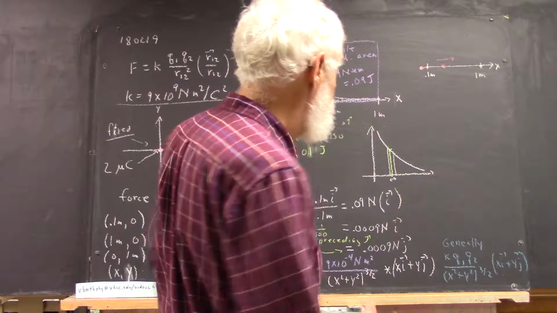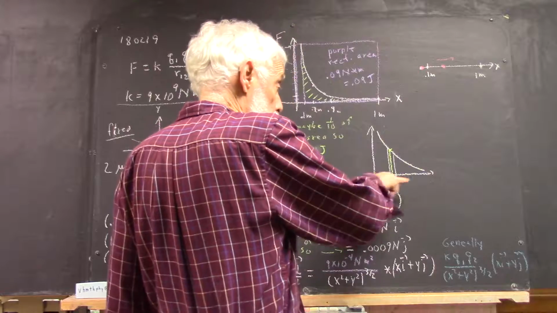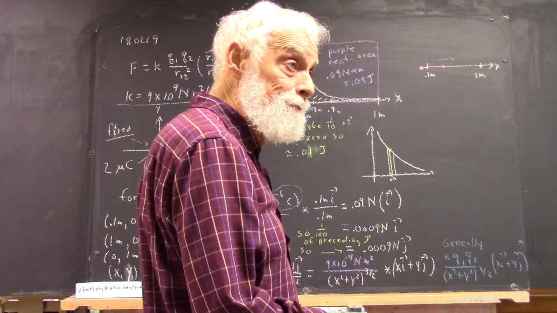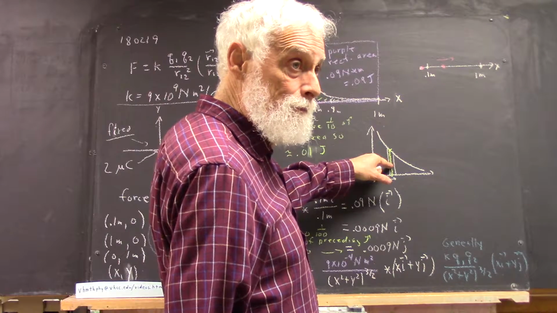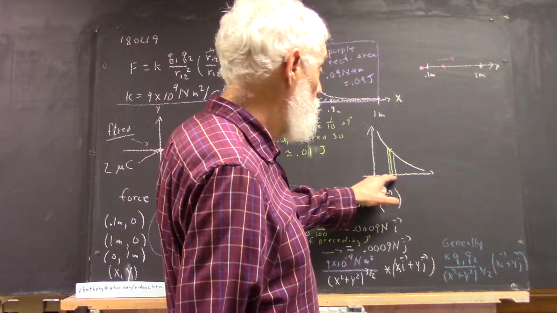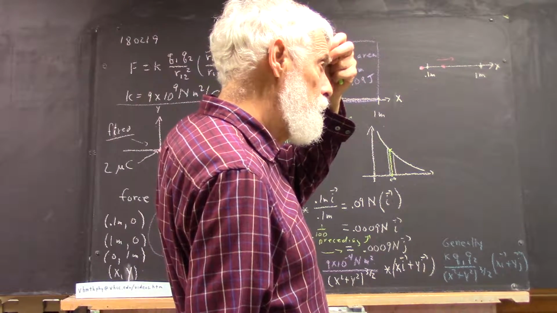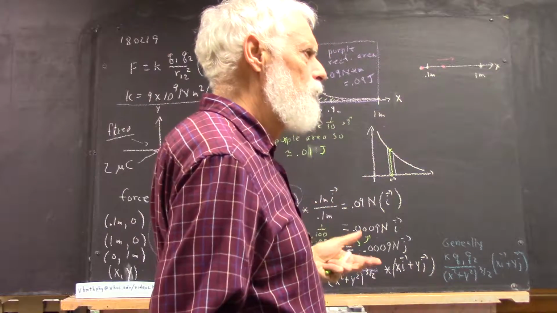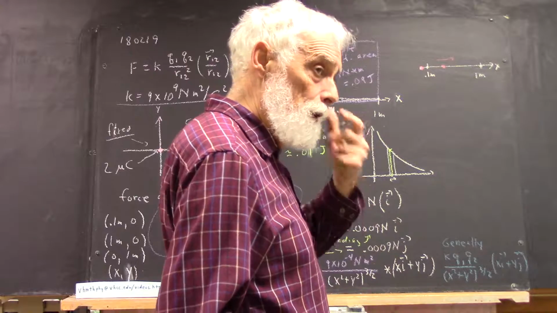This coordinate, this direction measures force. This direction measures displacement. So on this increment, the area of that little increment would be the approximate work done on that little region, right? And I think I asked you to do a 4 trapezoid approximation.